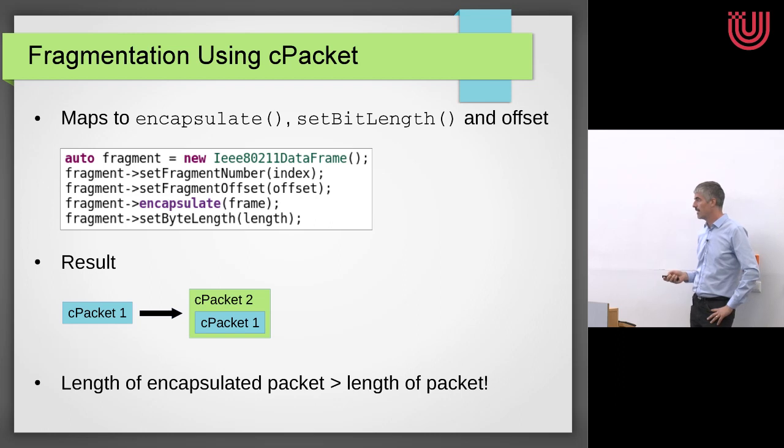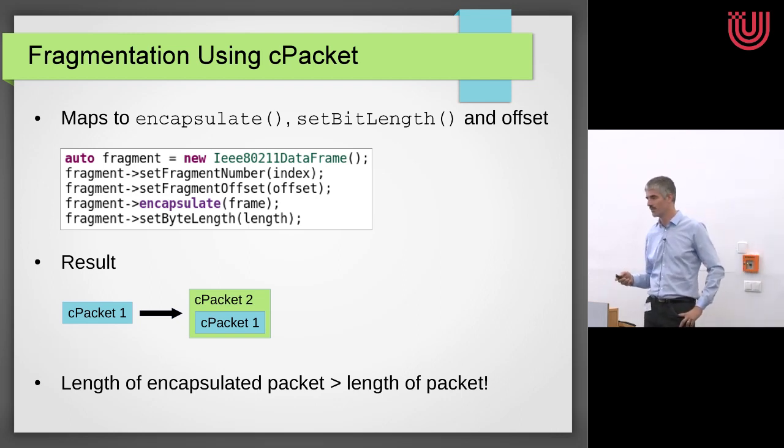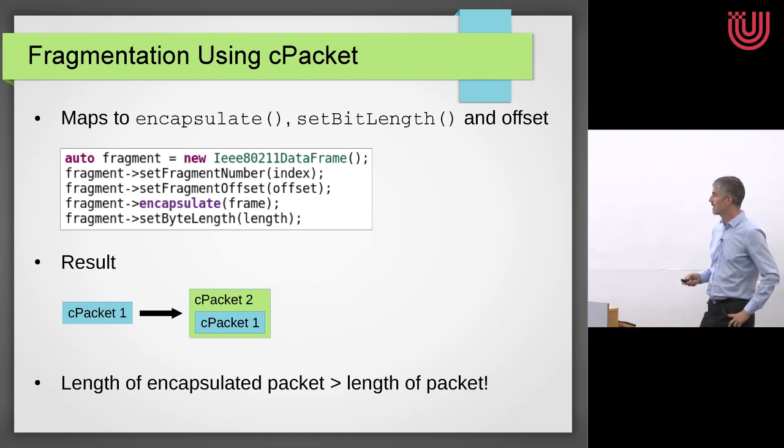So we basically ended up with the same structure as in the case of encapsulation, but the length of the encapsulated packet is greater than the length of the packet outside, which is kind of weird because you wouldn't think that an encapsulated packet is bigger than the one which is encapsulating it. So it's kind of a misuse of that API.